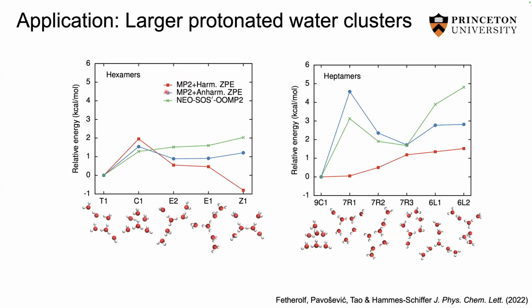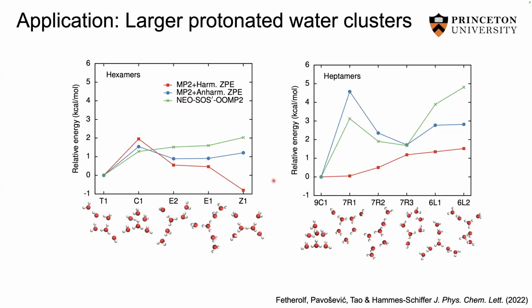And then we went and we did a VPT2 anharmonic correction to the 0 point energy, and we saw that there is a qualitative difference, specifically in this last energy difference here, where the prediction yielded by a harmonic theory, just doing the harmonic 0 point energy, is actually in qualitative disagreement with the anharmonic 0 point energy. And the NEO SOS prime OOMP2 result actually is in close agreement with the anharmonic corrected 0 point energy in conventional electronic structure theory.